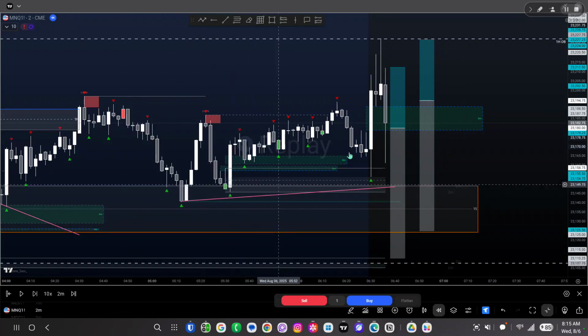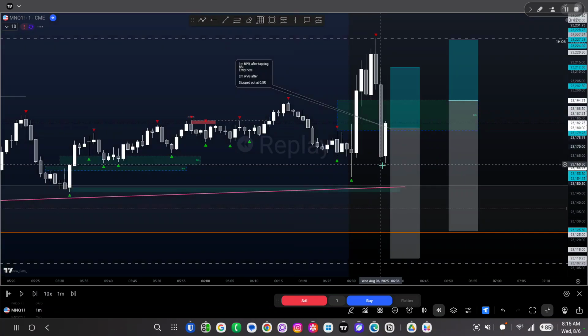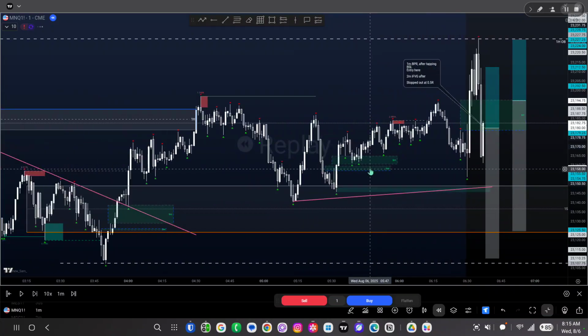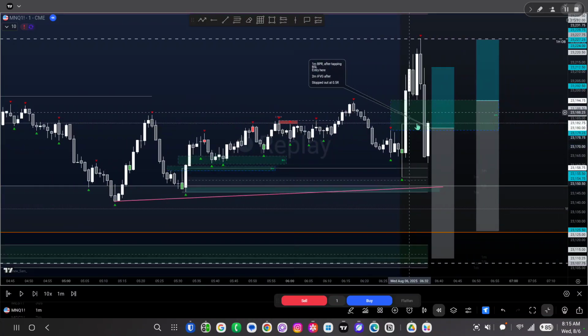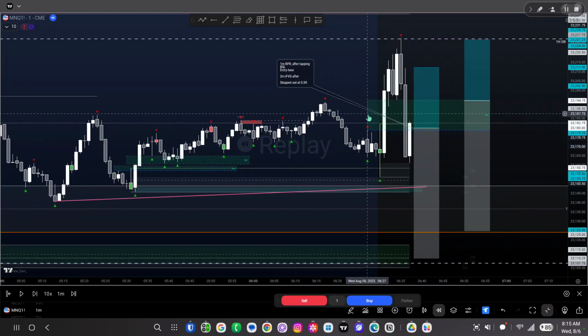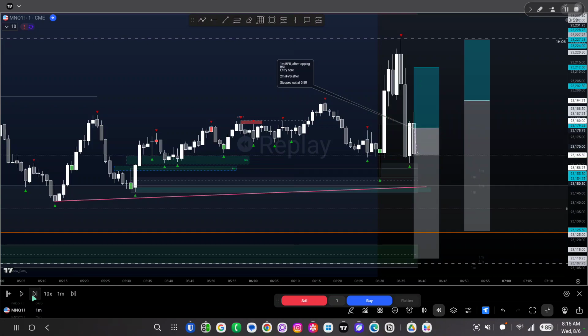Okay, so in this case we continued, and I did place a trade here, as you can see. It was the first BPR, and yes, it's an entry signal, but my bias is wrong. That's what it is. My bias is wrong.